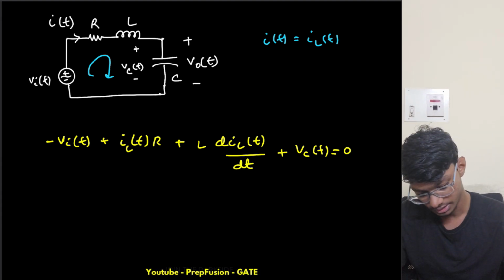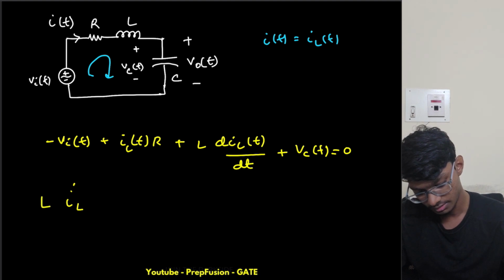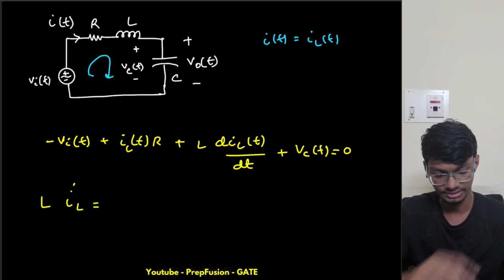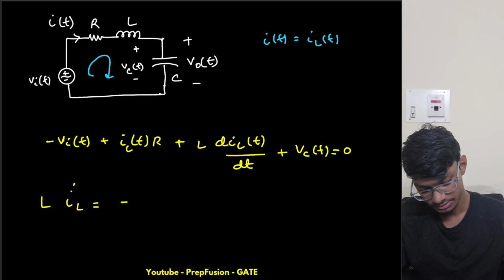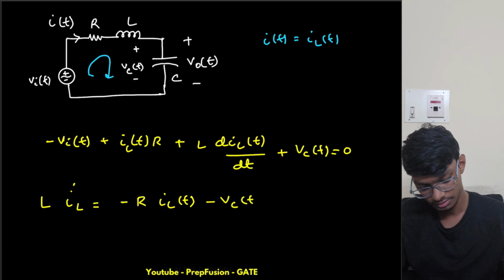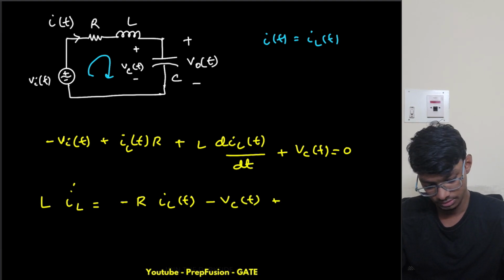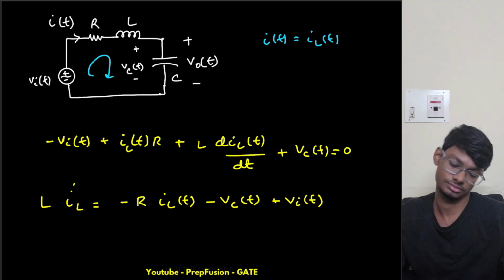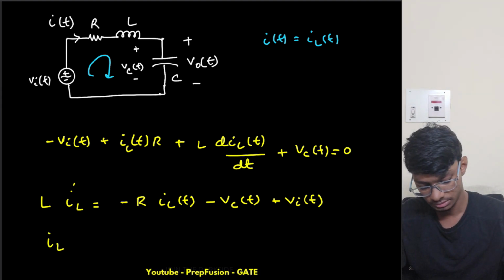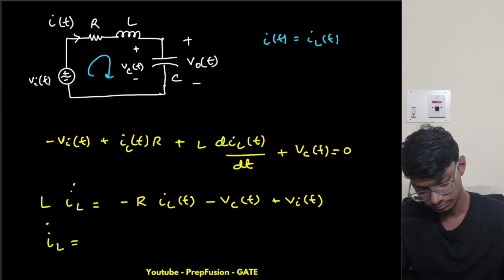One equation I can get is IL dot times L. I will put everything on that side. So this becomes minus R IL of t, minus VC of t, plus Vi of t. Again I divide by L. This is a state variable.